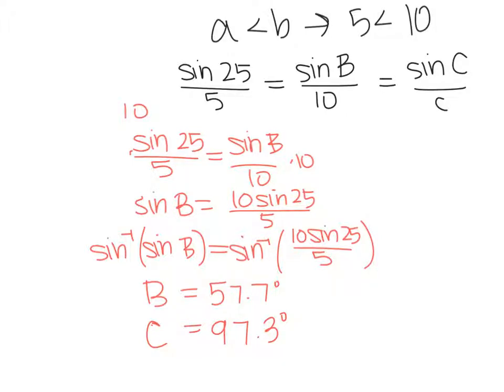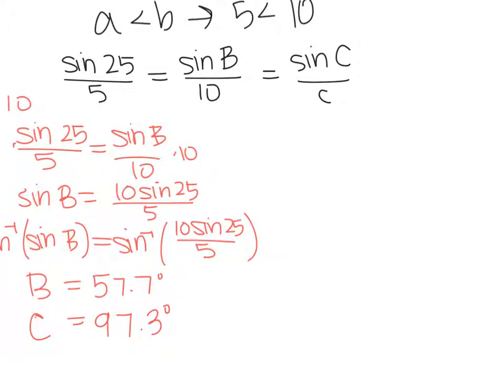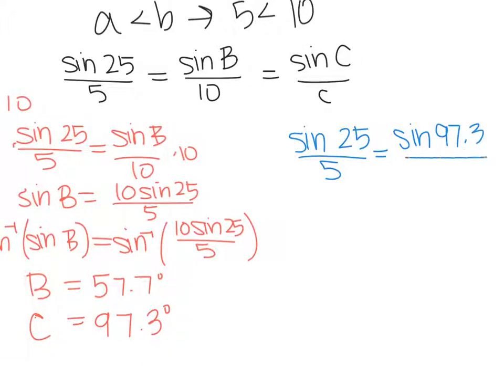So now we're going to use that angle C to solve for side C. So we have sine of 25 over 5 equals sine of 97.3 over C. Cross multiply.